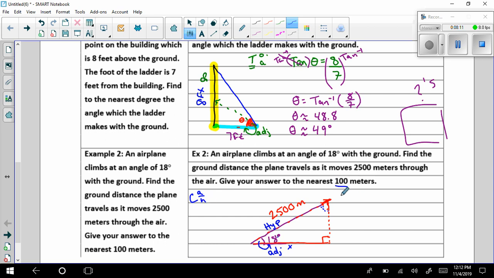So we set up our equation and we say the cosine of our angle, and remember an angle measure always goes with a trig function here, is equal to your adjacent, which we don't know, over your hypotenuse, which is 2,500. All right. So we can then multiply by 2,500 on both sides.